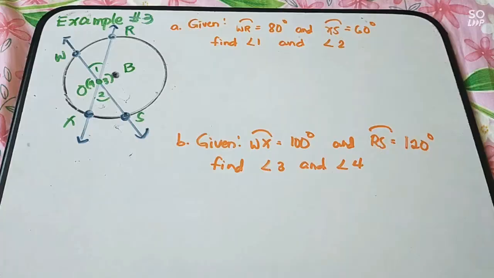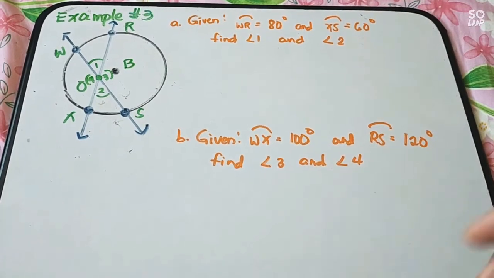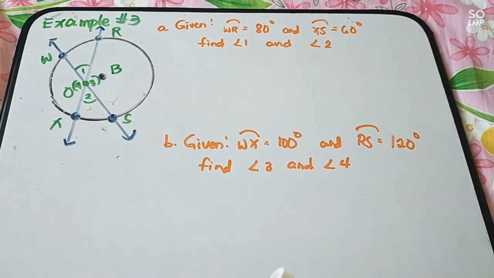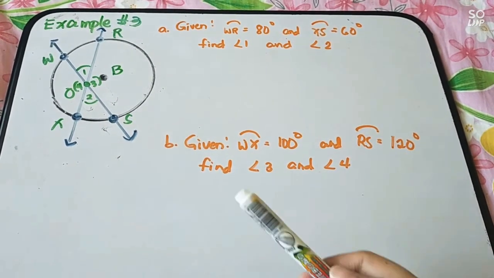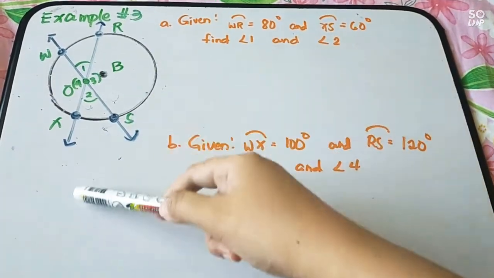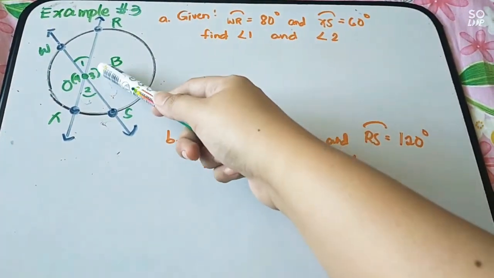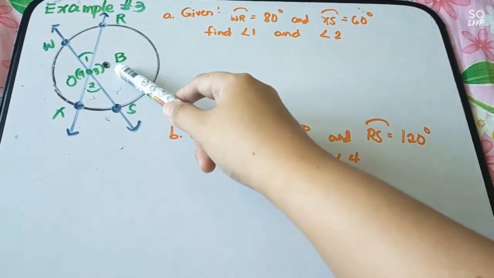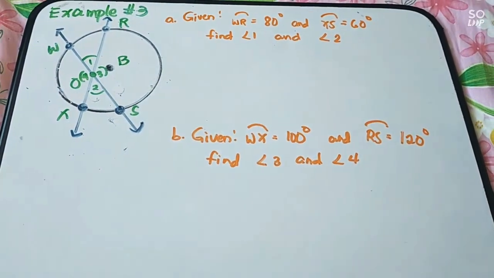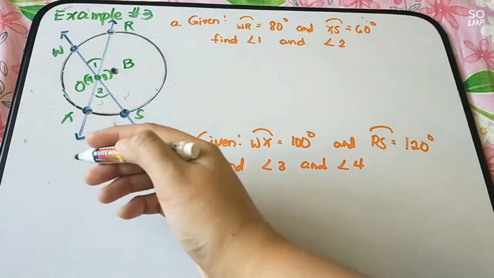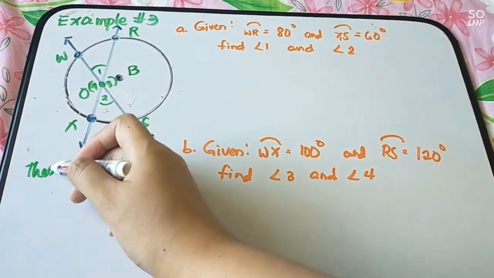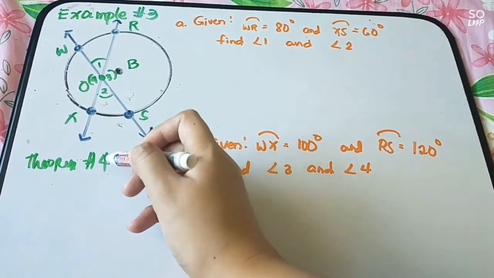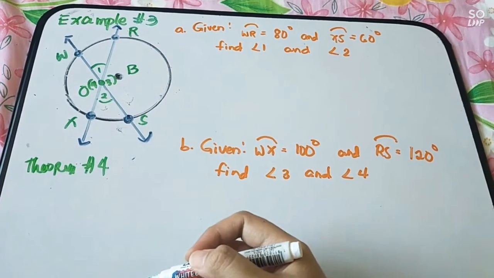Is it clear? Example number 3. Consider circle B. Okay? So, in this circle, as you can see, we have here two secant lines that intersect in an interior point O. Yan. Sa point O sila nag-intersect. So, ito yung theorem number 4 natin. Diba? Yung theorem number 4 na sinasabi natin na nag-intersect siya sa loob ni circle.